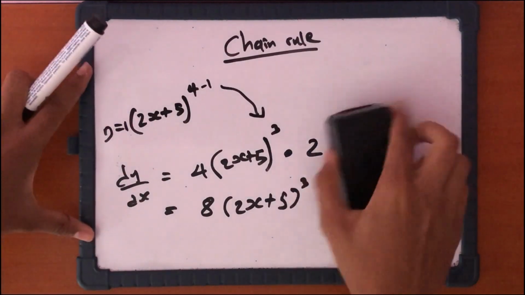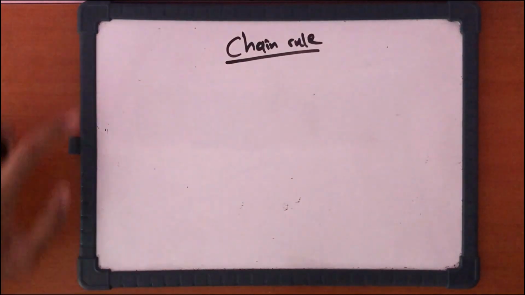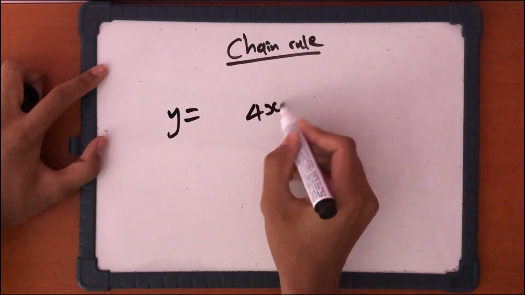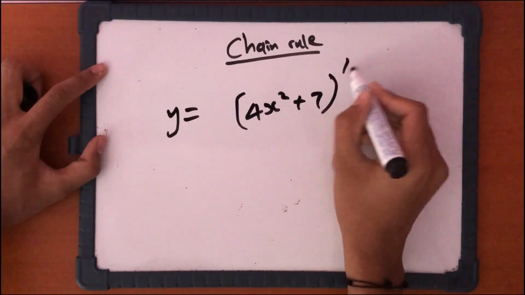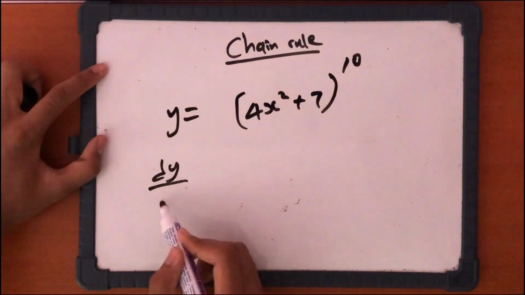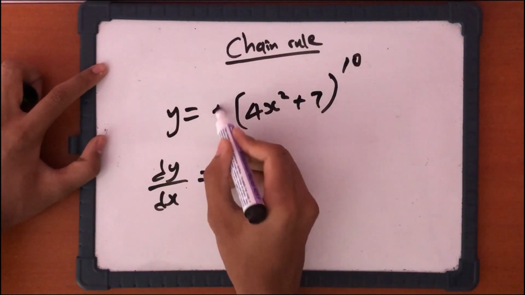So another example of this, something very similar. y is equal to, let's say, (4x squared plus 7) all raised to 10. Again, opening these brackets would take you very long, and you would never do that in real life. So to differentiate this, let's put a 1 there.